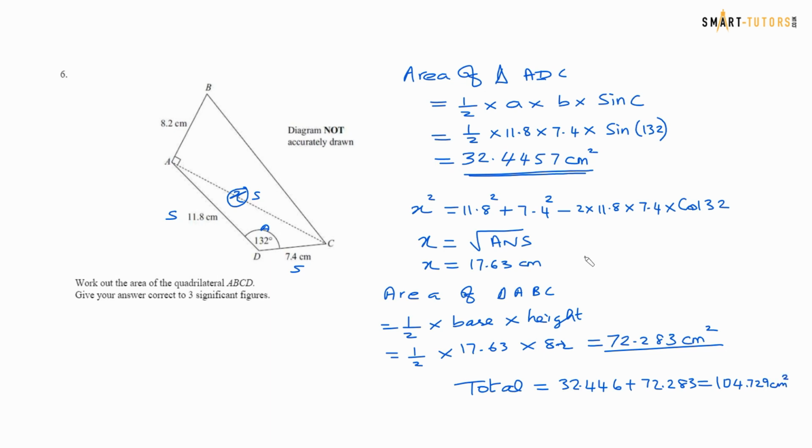They are asking for three significant figures, so 1, 2, 3. The fourth one is more than 5, so 105 centimeters squared. That is the answer for question number 6.